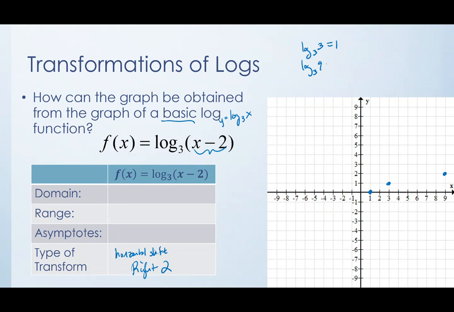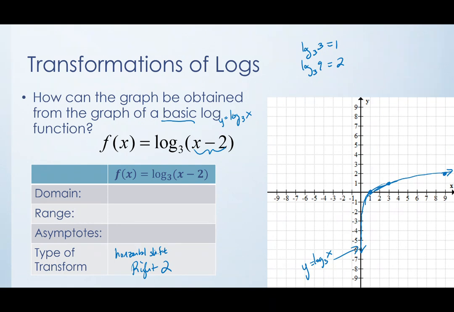Log base 3 of 9 equals 2. 3 to the 2 equals 9. So this, if I can get it close enough, put some shading in there. All right, so this blue function is going to be our y equals log base 3 of x.